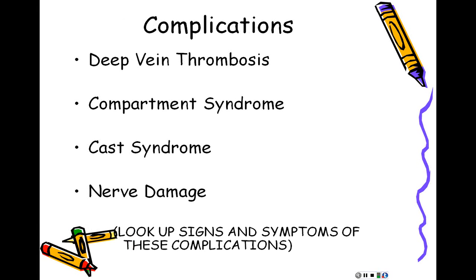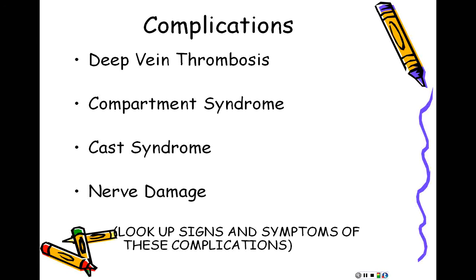Complications that we see: again, the patient can develop deep vein thrombosis, also compartment syndrome. This is discussed on page 1650 in your book. Compartment syndrome is when a person has neuromuscular, neurovascular dysfunction.